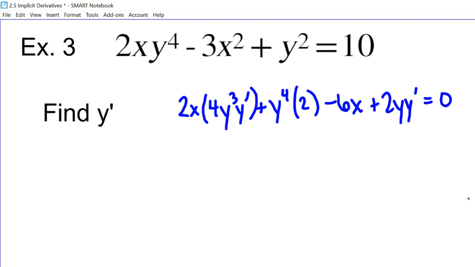So your first step is also my first step: product rule and the derivatives of the other two.